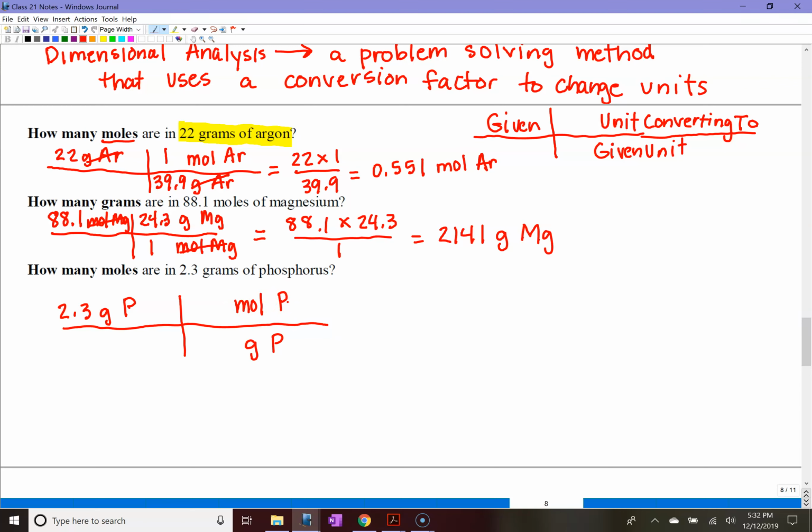Well, I know my mole definition, that 1 mole is equal to the atomic mass in grams. So if I look on the periodic table, I'm going to find that phosphorus has a mass of 31.0 grams. Remember, always round your mass from the periodic table to the tenth place. So now I'm going to do the math. 2.3 times 1 divided by 31.